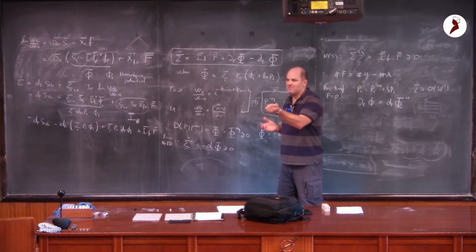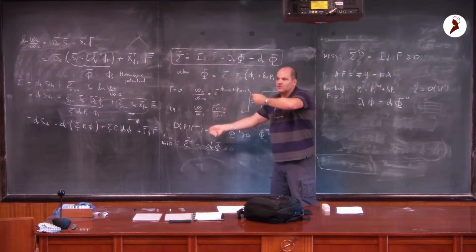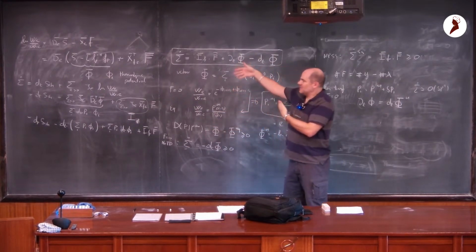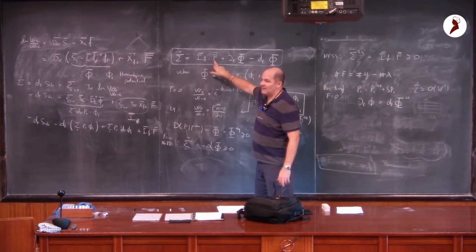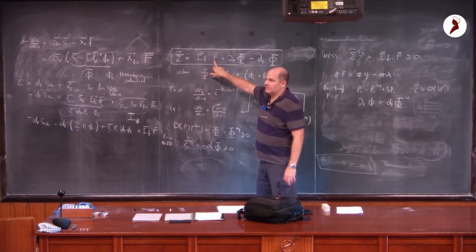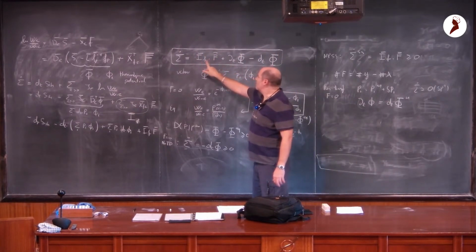You can take one bath as a reference and define the difference between number 2 versus number 1, or number 1 versus number 2. It's the same kind of thing, but the number of forces that you have is unique. So the sum of these is unique, but the decomposition is not unique.